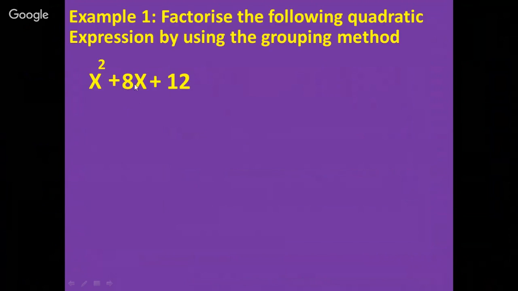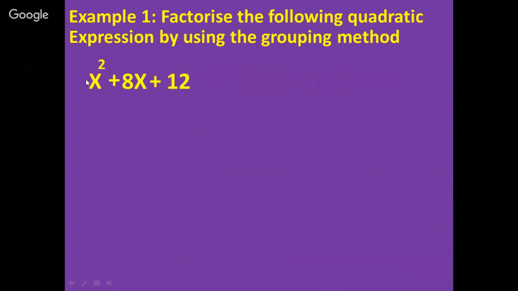So the sum of those two numbers must be equal to plus 8. And the product of those two numbers must be equal to the coefficient of x squared, which is 1.